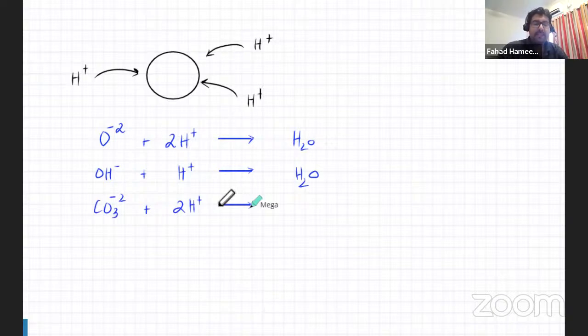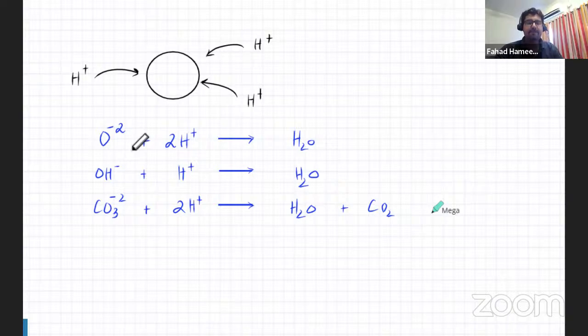The 2H+1 will get attracted to the oxygen, which has a -2 charge. It ends up forming water, and carbon and 2 oxygens are left. So carbon dioxide is formed as a result. This is what happens.